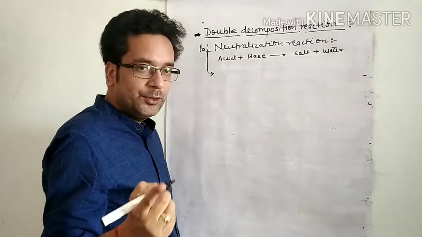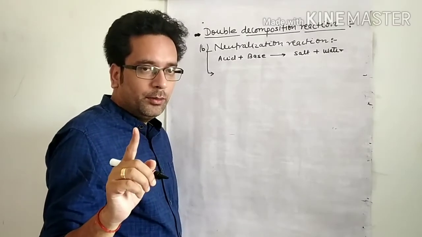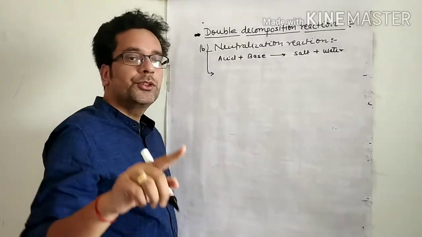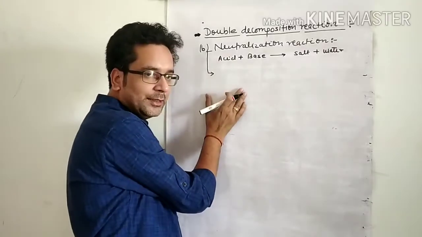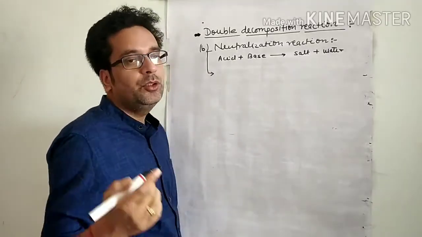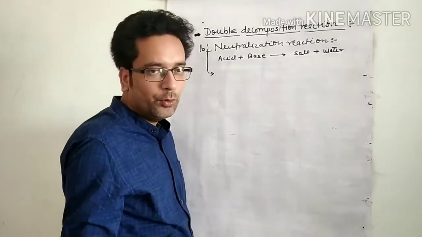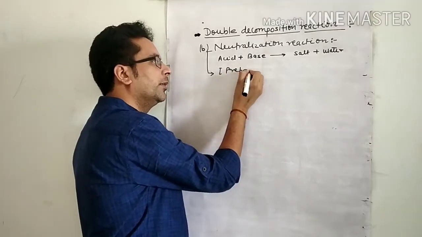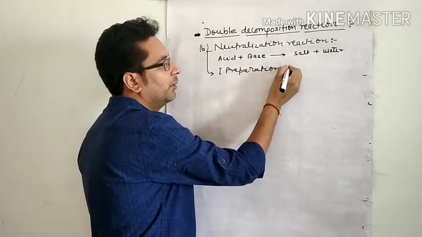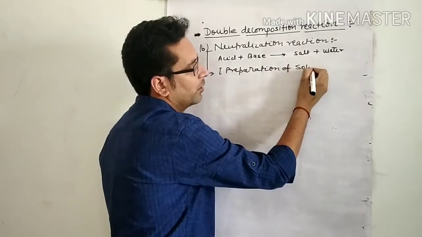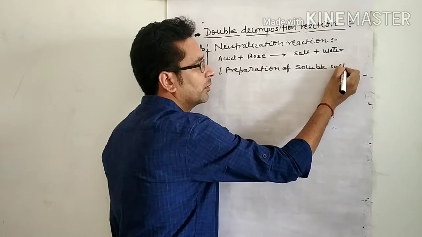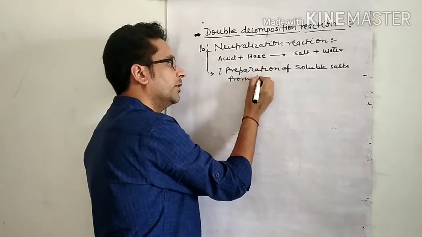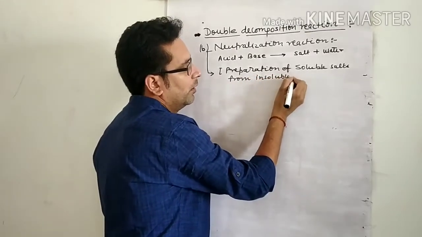Okay, in case of precipitation reaction, with formation of insoluble salt, we can prepare insoluble salt from soluble salt, and in case of neutralization reaction, we can prepare soluble salt from insoluble base. Okay, now look here, neutralization reaction means preparation of soluble salt from insoluble base.